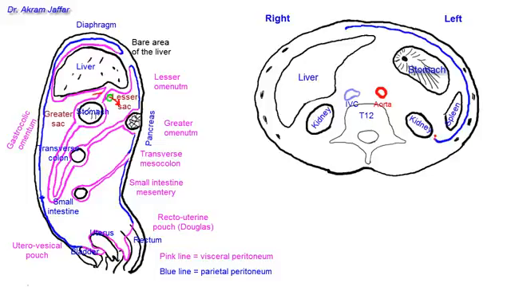Drawing it in pink, it covers the kidney and is reflected from the kidney as a fold. This is one layer of the fold extending from the kidney to the spleen, and this is called the lieno-renal ligament.